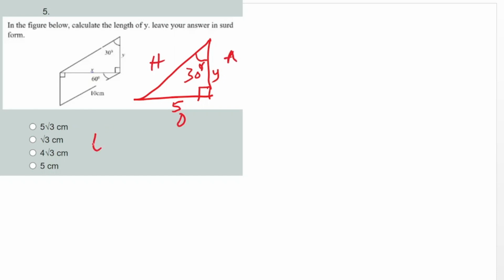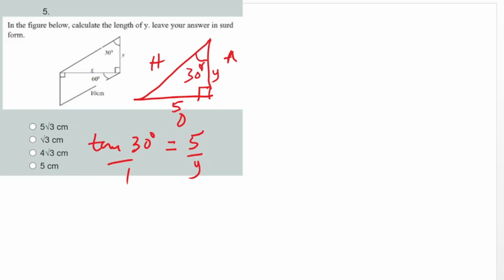So we say tan 30 degrees equals opposite, which is 5 over y. When you cross multiply, let's find the value of tan 30 degrees.